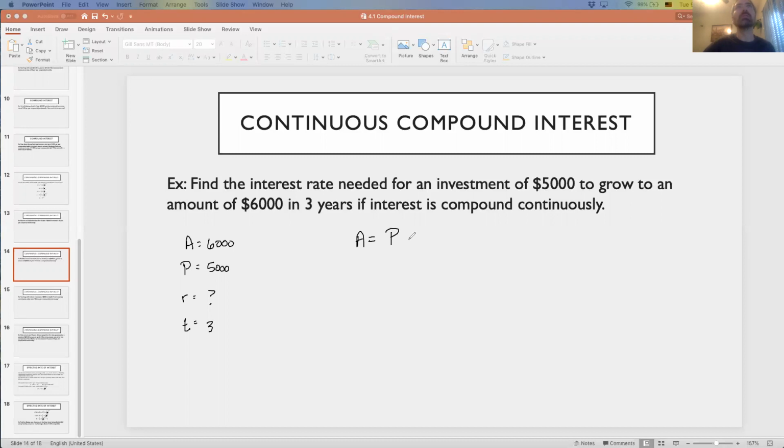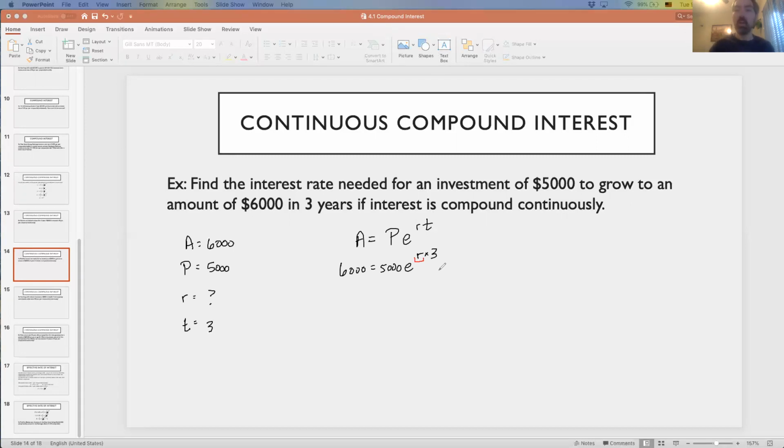All right, so take those numbers, plug them into the formula. 6,000 equals 5,000 times e to the r times 3. Here again, you notice that r, the variable that we're trying to solve for, is in the exponent position.